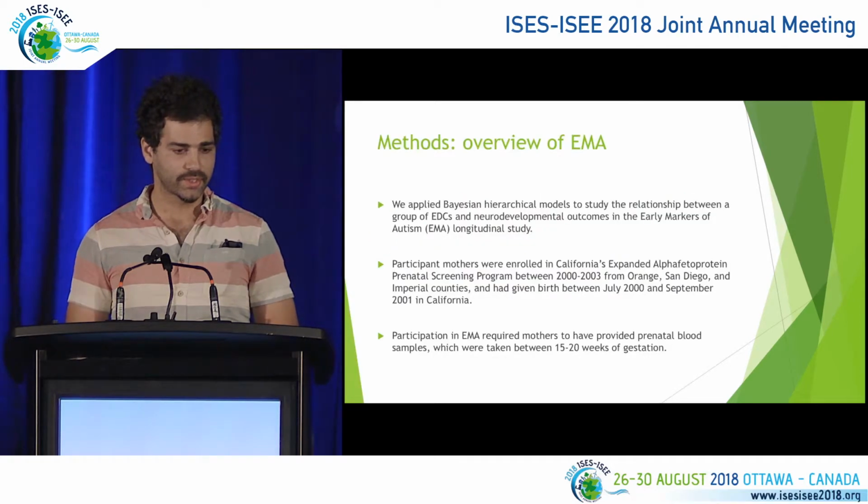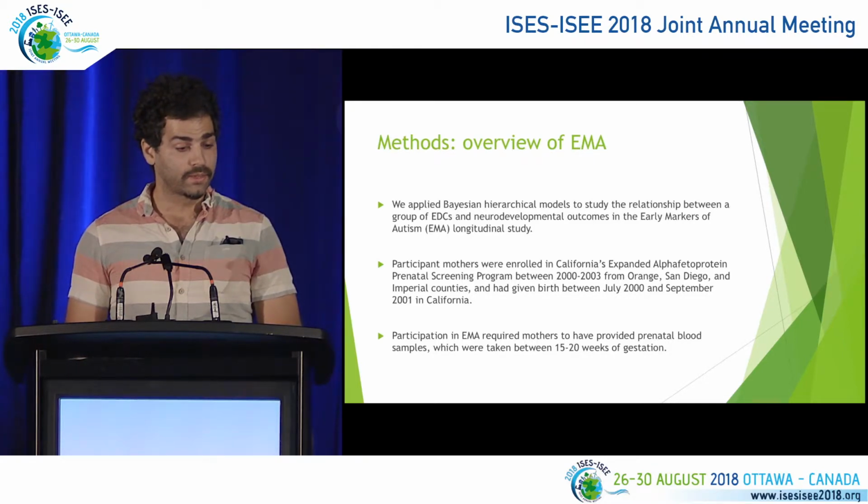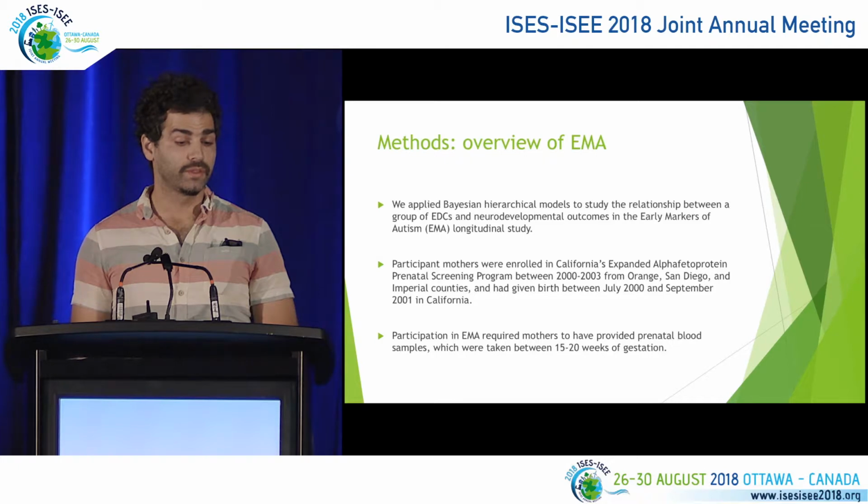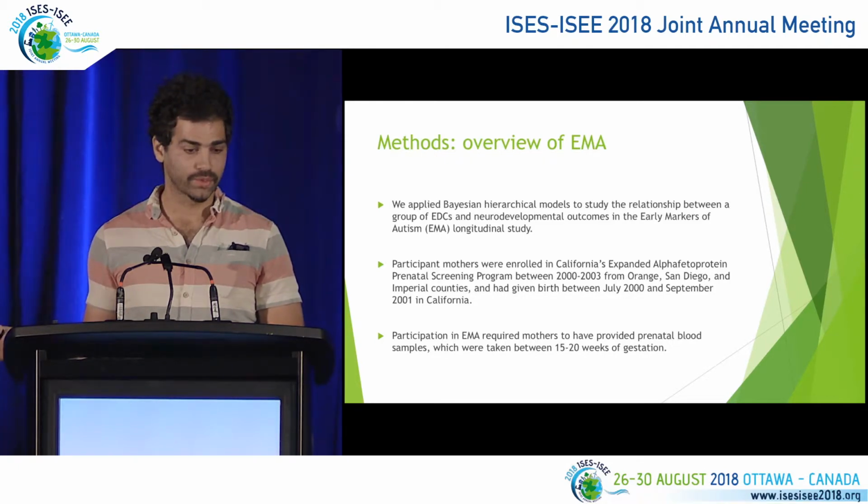So I explored this in the Early Markers of Autism cohort. Briefly, participant mothers were enrolled in California's expanded alpha-fetoprotein prenatal screening program between 2000 and 2003. And participant mothers were required to have given prenatal blood samples between gestational weeks 15 and 20 that were stored.